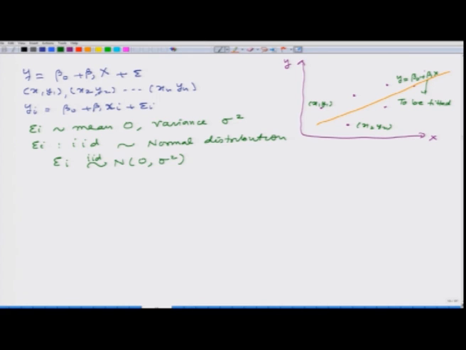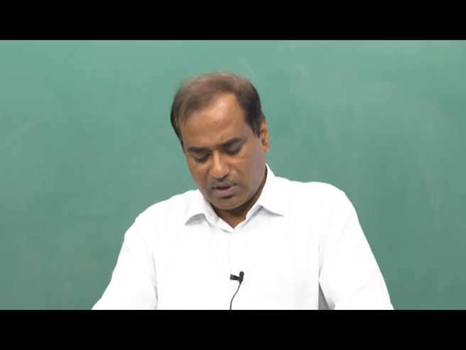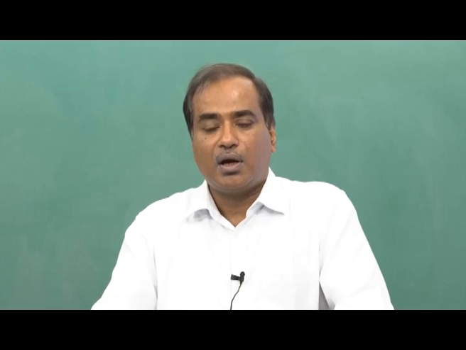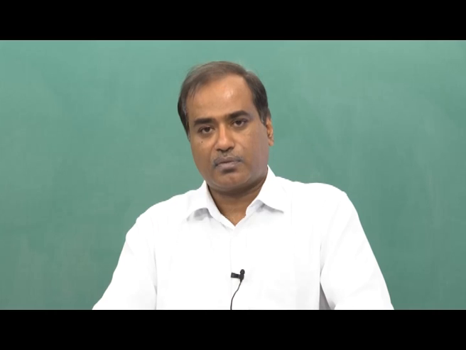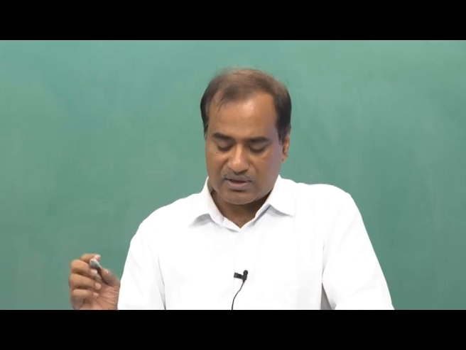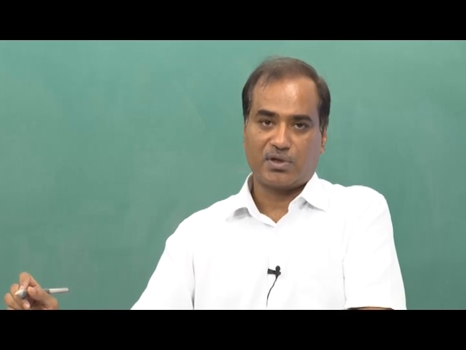I would like to make one note: when we are going for the least square estimation, this assumption of normal distribution will not be used there. When we are going for the test of hypothesis and confidence interval estimation, then only this assumption of normality will be used.